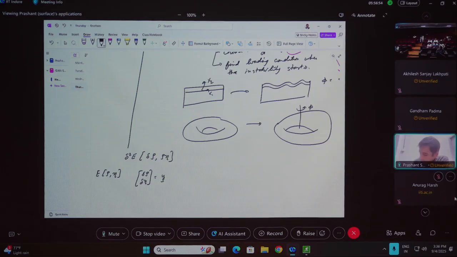So if you write down the second variation for the torus problem, or for that matter any problem in elasticity, you would get something like this: an integral over whatever your variables are. In this case, your variables are theta and phi, so it would be something with d theta d phi.